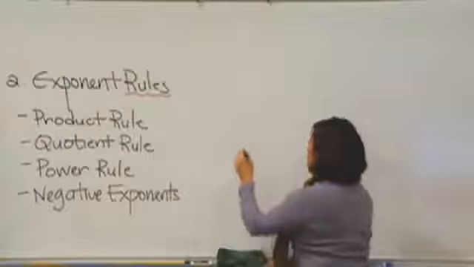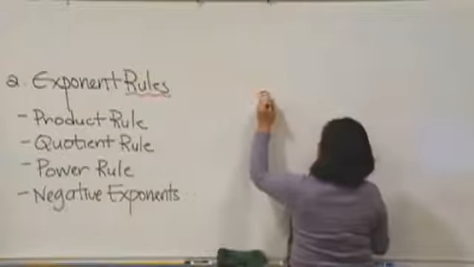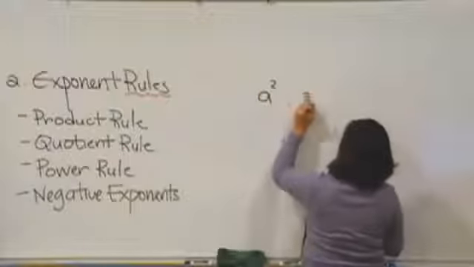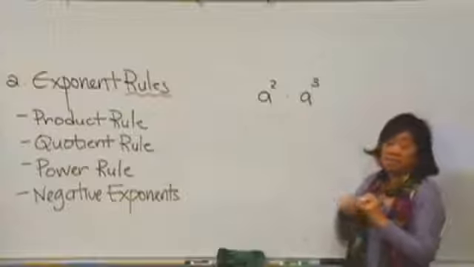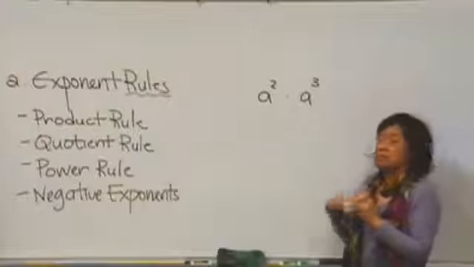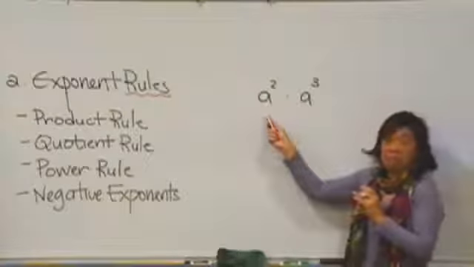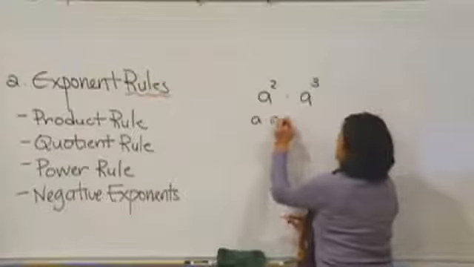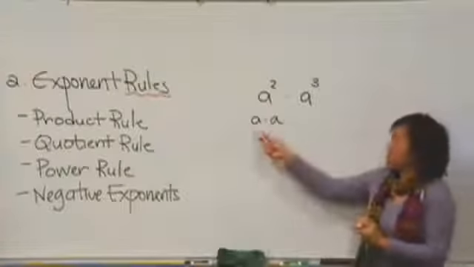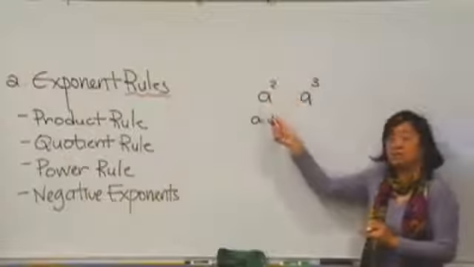So for example, if you see something like a to the second times a to the third, a product, really, what does that mean? When we write a to the second power, what we're really saying is there are two a's there being multiplied together, but instead of writing it out like this, we're just going to abbreviate it.